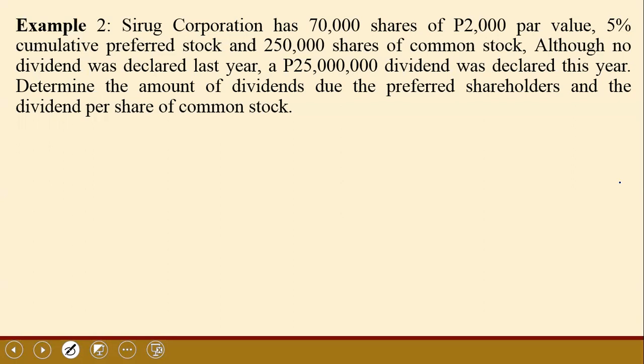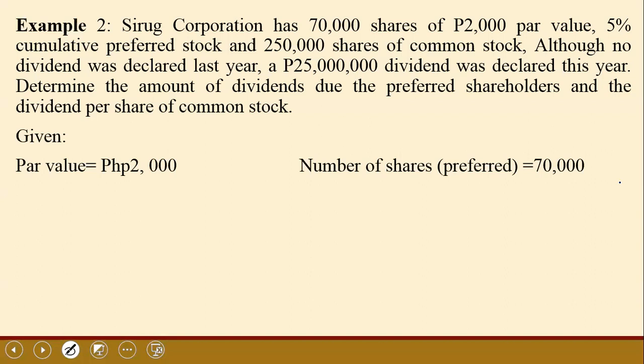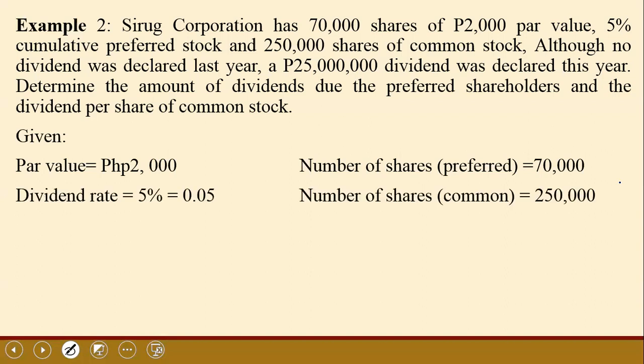So yung mga given natin dito, we have the par value, 2,000 pesos. Number of shares for preferred stock is 70,000. Dividend rate is 5% or 0.05 in decimal. And the number of shares for common stock is 250,000.